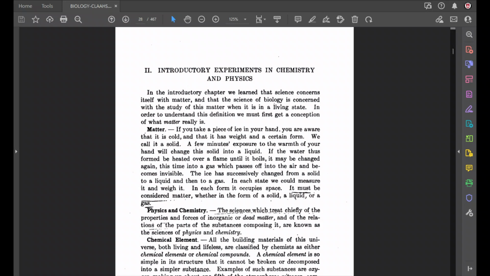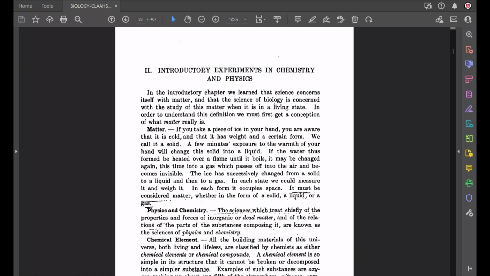In order to understand this definition, we must first get an idea of what matter really is. So before we can understand that definition, we need to make sure we have a clear understanding of what matter or material is in science.